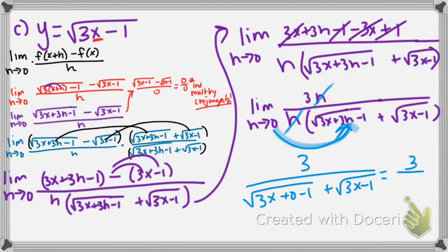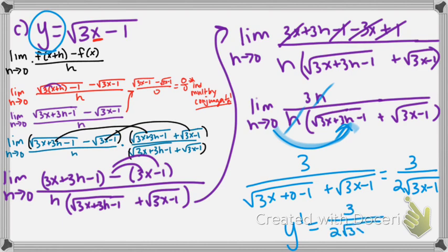That's going to be 3 over 2 radical 3x minus 1. Now again, what is that? That's my derivative. So f prime of x, this one they actually called y equals, so I'm going to put y prime equals. It still means the derivative. So y prime equals 3 over 2 radical 3x minus 1.